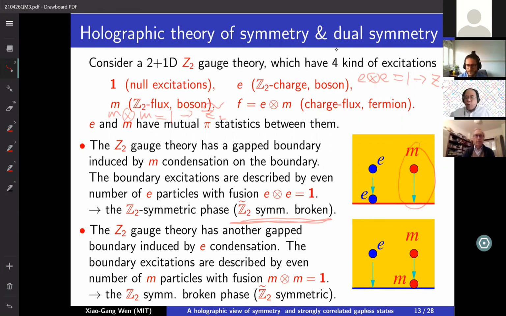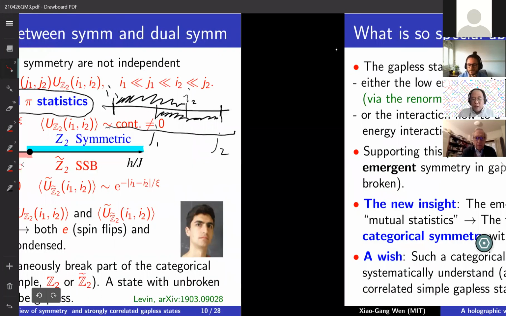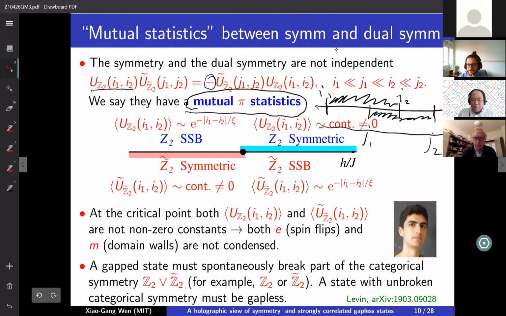Because the 2D model has two symmetries, from the E fusion rule and the M fusion rule, explicitly. And the boundary becomes tricky because to have a boundary, we have to condense something. And so one of the symmetries must be spontaneously broken. And that's how we understand this kind of strange result: why a gapped state must break one of the symmetries.